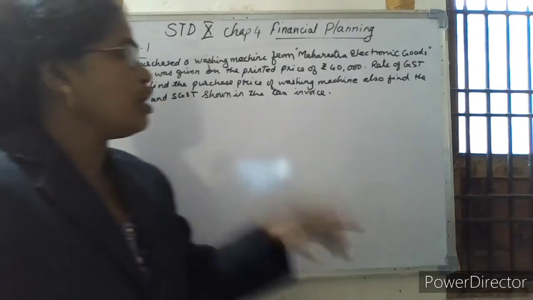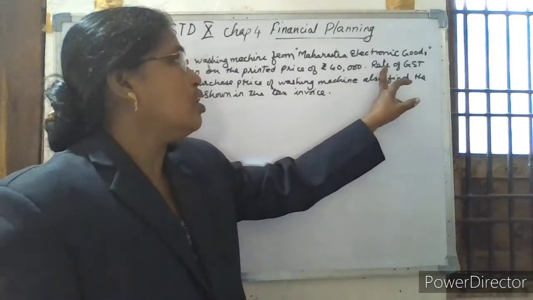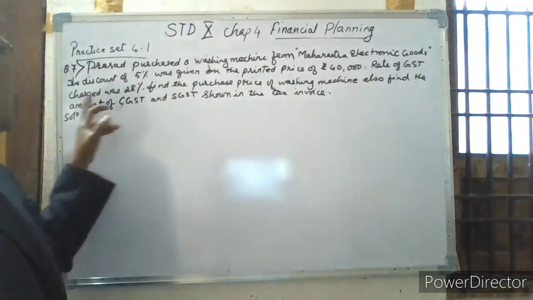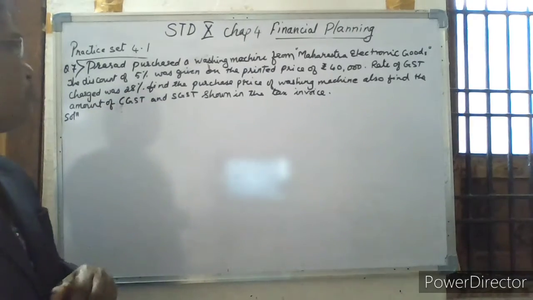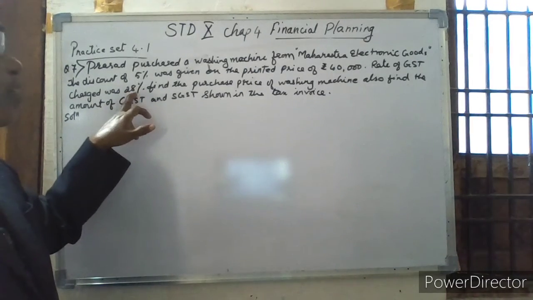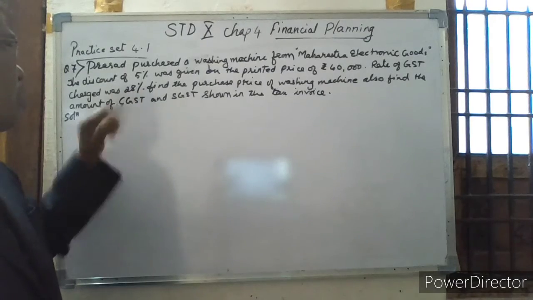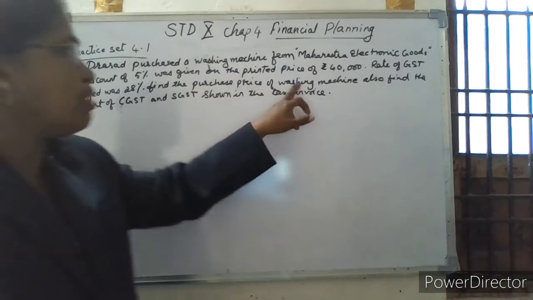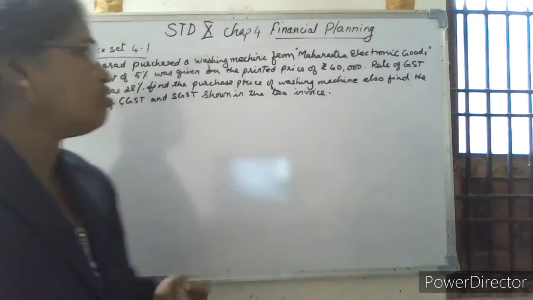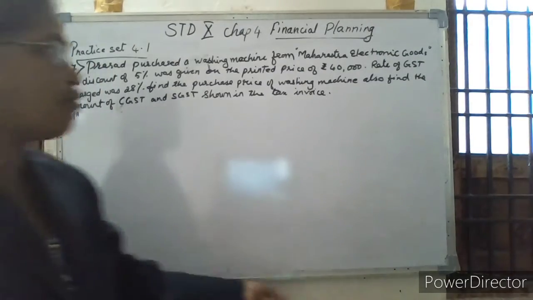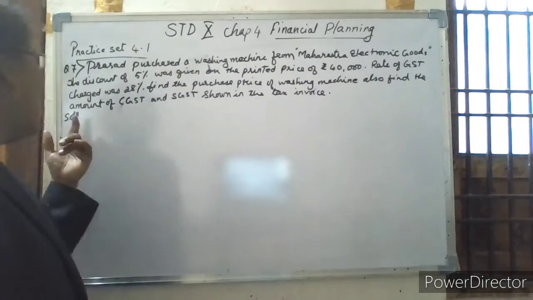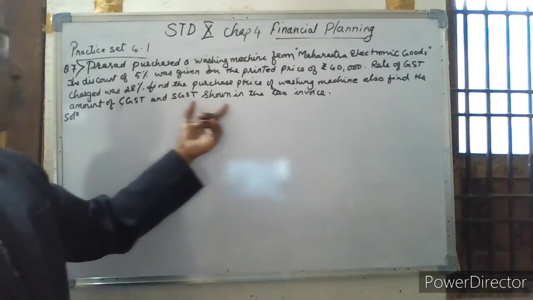After discount is allowed, rate of GST charged was 28%. Find the purchase price of the washing machine, and also find the amount of CGST and SGST shown in the tax invoice.